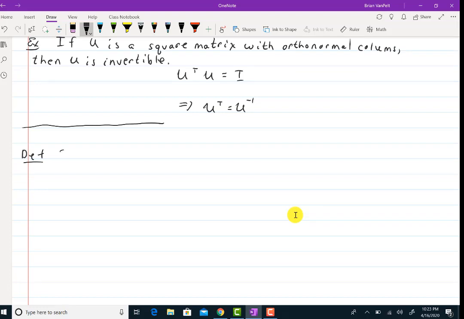Definition. Suppose U is a square matrix.